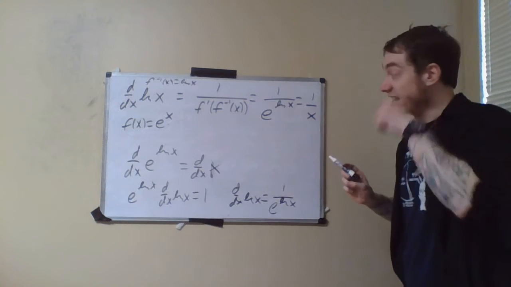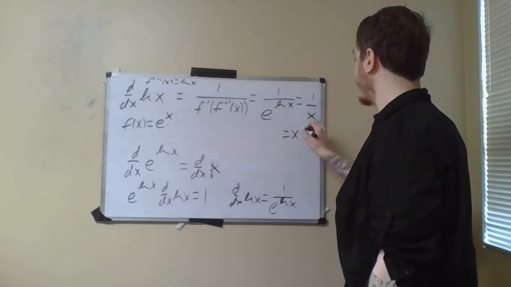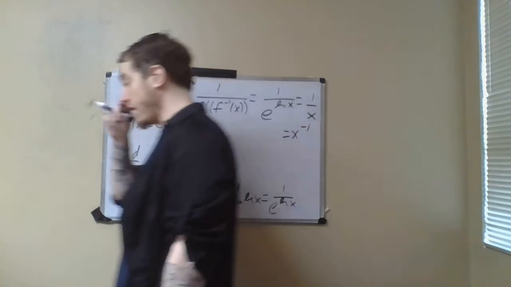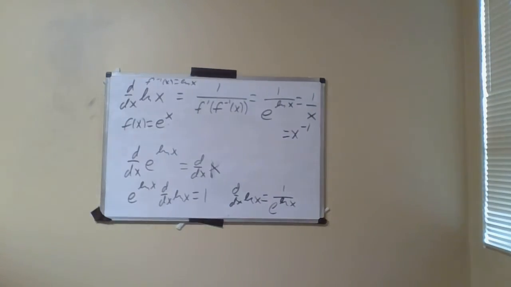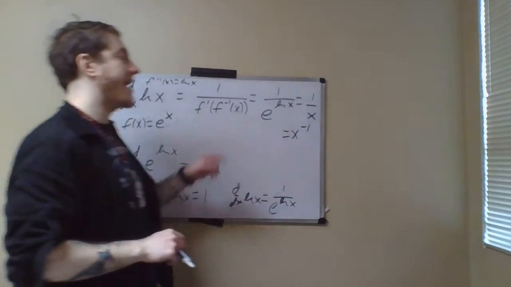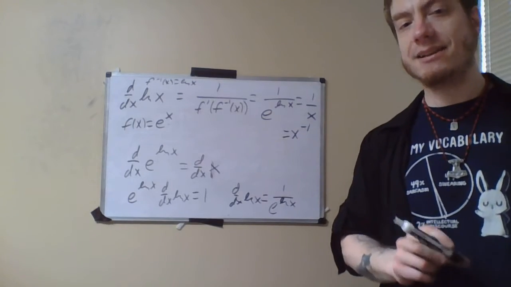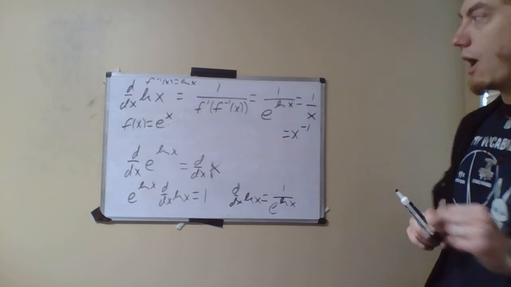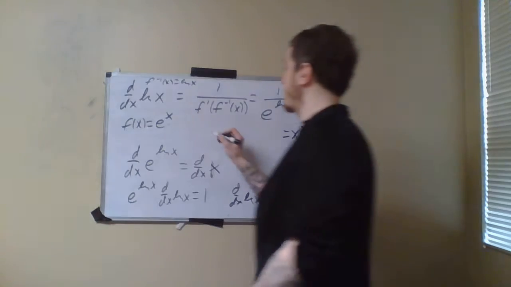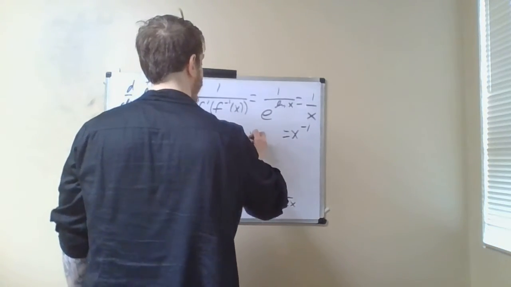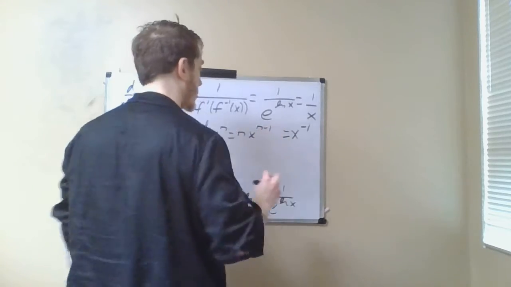This is kind of interesting because notice this is actually x to the minus 1. And if you think back to our power rule, the power rule can give you x to any power as a derivative except x to the minus 1, right? Because the power rule says that the derivative of x to the n is n x to the n minus 1.